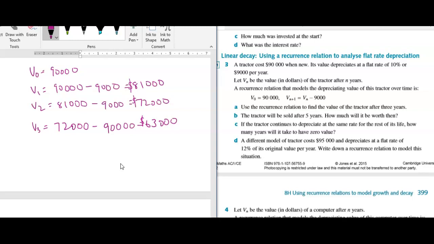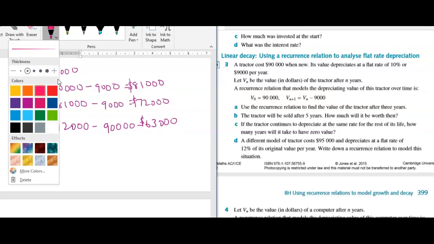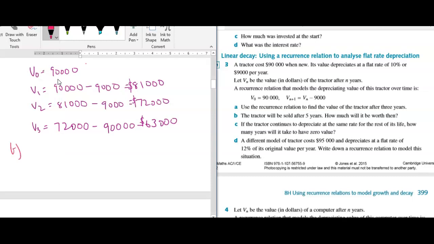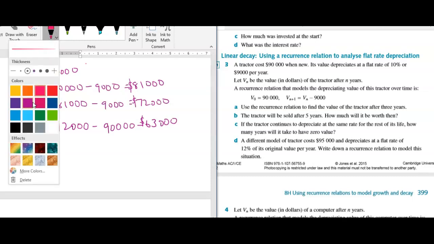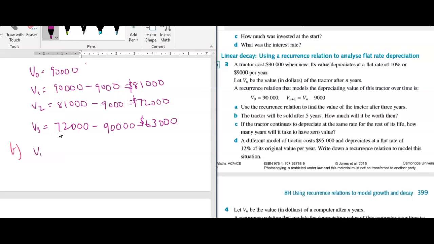The tractor will be sold after 5 years. How much will it be worth then? Oh, we may as well just keep going. Okay, so V4, 63,000 minus 9,000 equals 54,000.